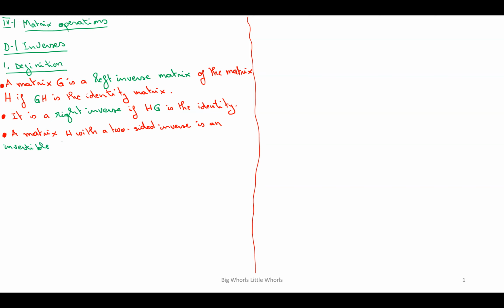And that matrix is often called, you know, H minus 1 or H inverse. That two-sided inverse is denoted H minus 1, H inverse.